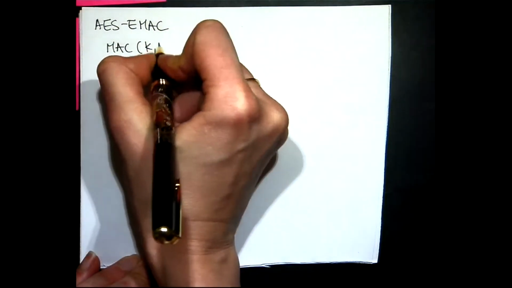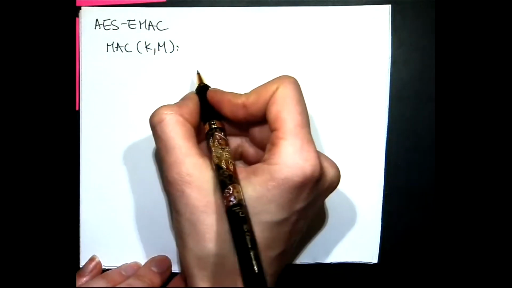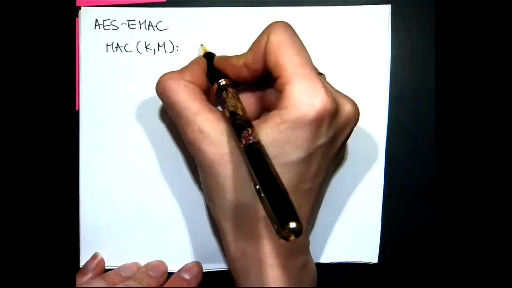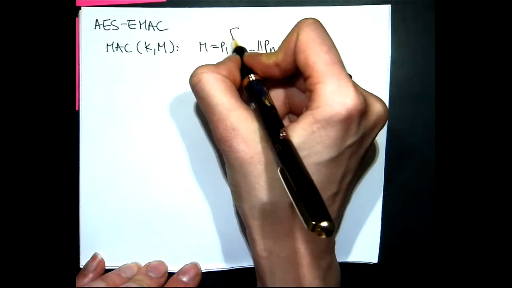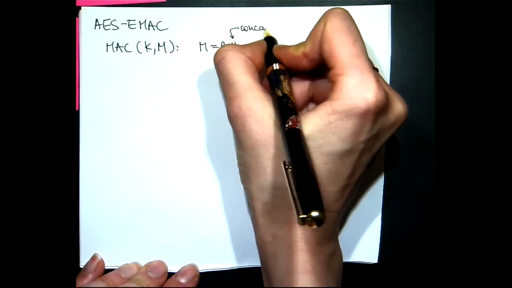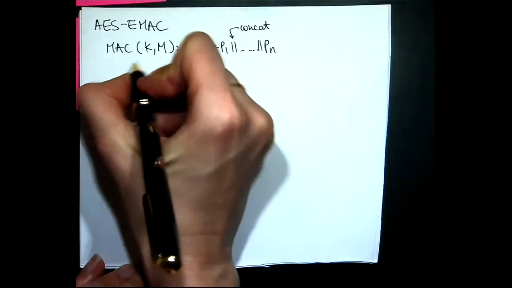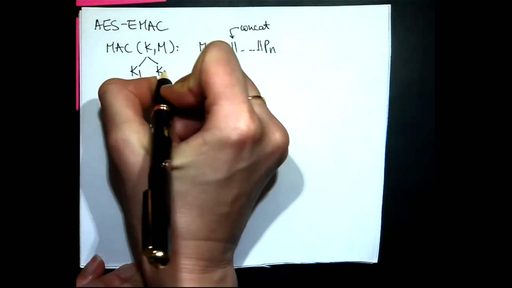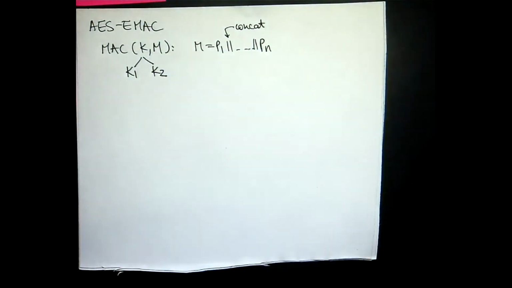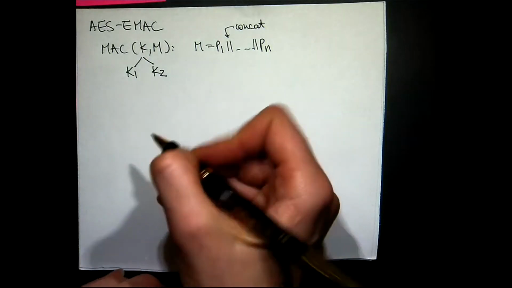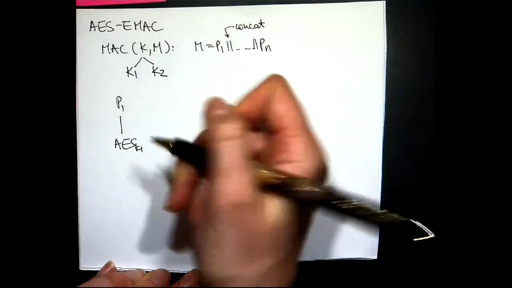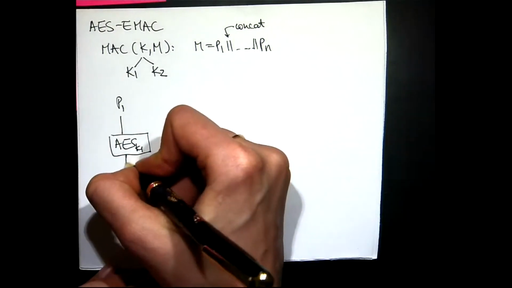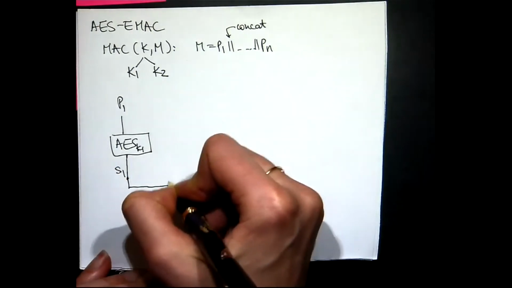The way you do the MAC for a message is, as usual, you split your message into plaintext blocks. Again, this sign is concatenation. You also have your keys consisting of two block cipher keys. You take P1 and pass it through AES sub K1, and then you get S1.